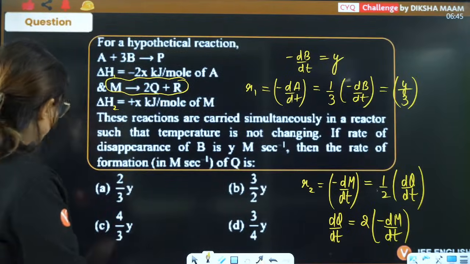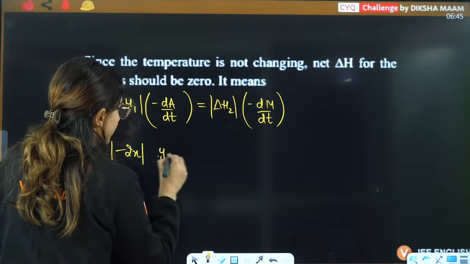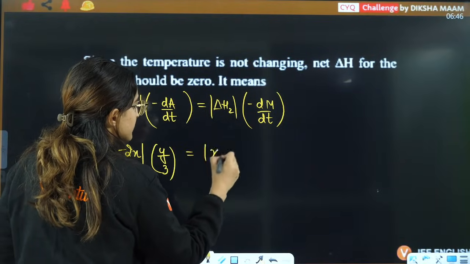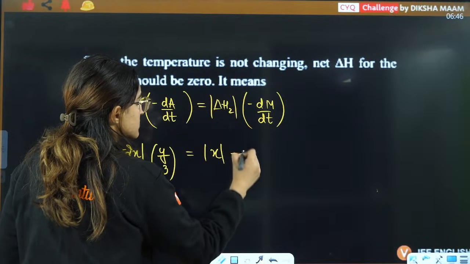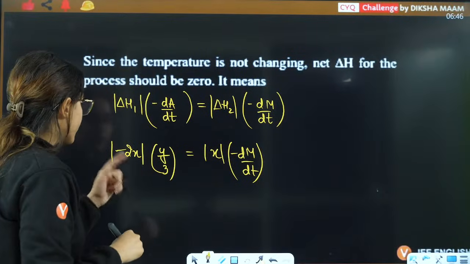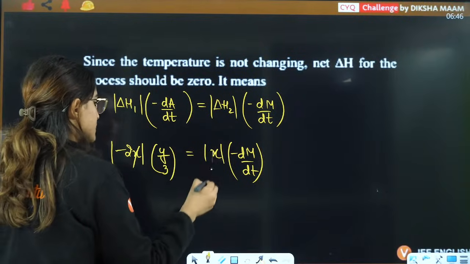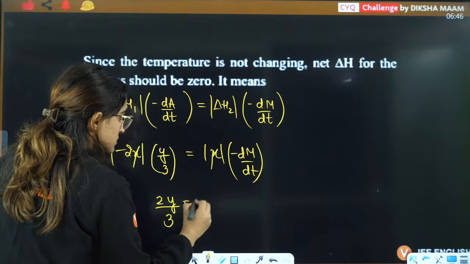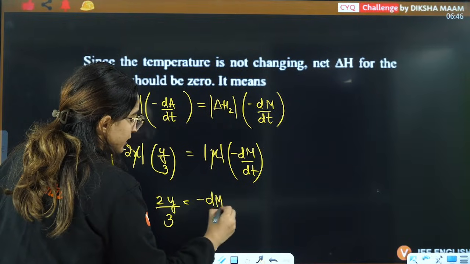I have calculated it to be y by 3. So I'll put it here y by 3. This is delta H2 is given to be x here. This is minus dM by dt. Right? Now, if you see this x and this x will cancel out. So it will be 2y by 3 is equals to minus dM by dt.